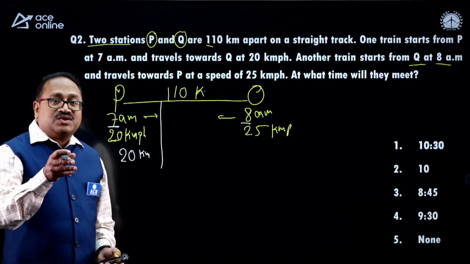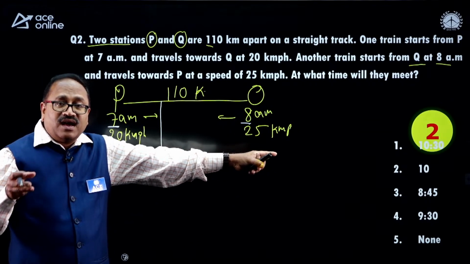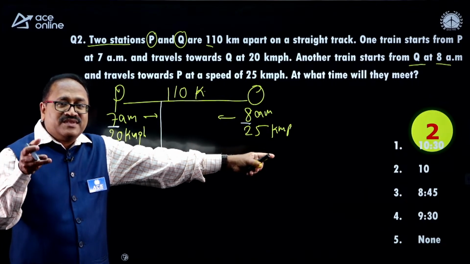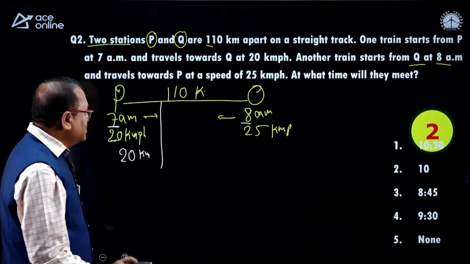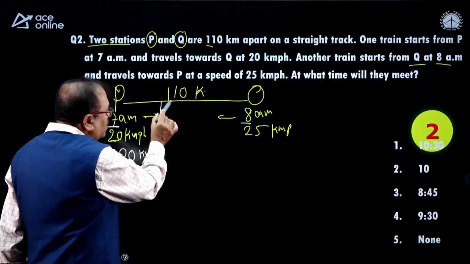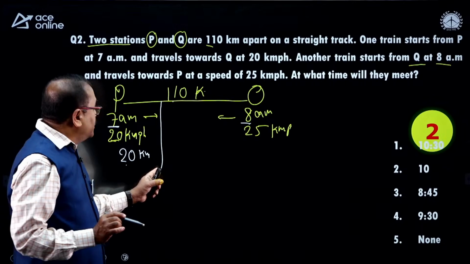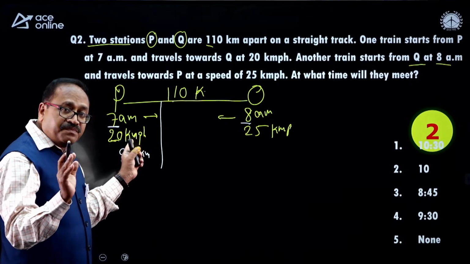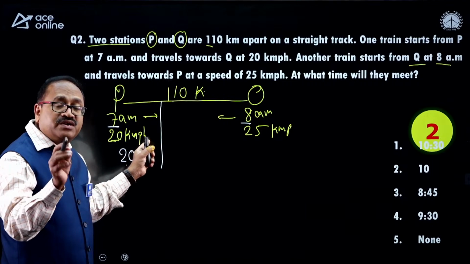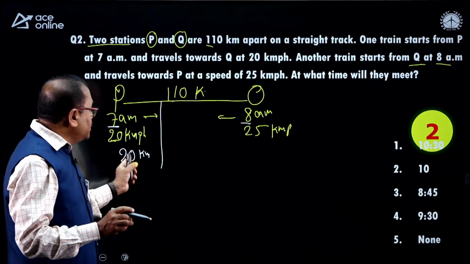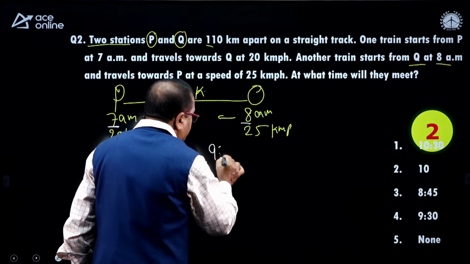If your answer is the second one, that is 10, at 10 o'clock they are meeting, then it's right. Now I will explain how it is at 10. Out of 110, 20 kilometer is covered by 8 a.m. by the train which starts from P. So the remaining distance to be covered by relative speed is 110 minus 20, that comes to 90.